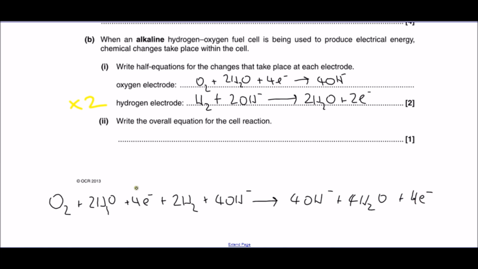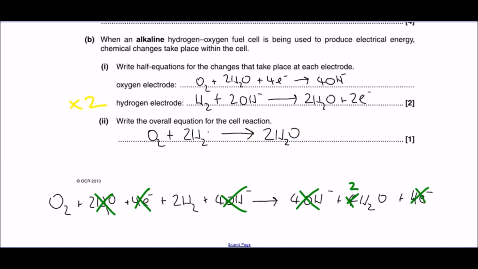Then we're going to cancel things, so we get rid of the electrons because there are 4 on both sides. 2 waters over here, so we can get rid of 2 there. 4OH- on that side and 4 on this side. And then I'm going to write the tidy equation on the line, so O2 + 2H2, that's what we're left with on the left, makes 2H2O, and that's our equation.